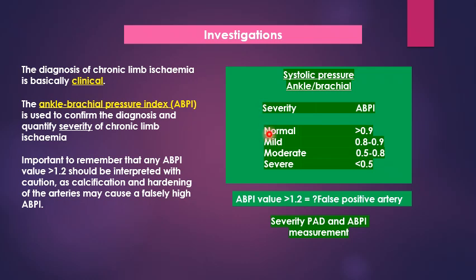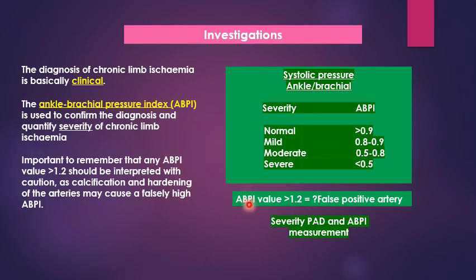Okay, the severity is rated like this. Normal, the ABPI will be 0.9 to 1.1. Mild disease will be 0.8 to 0.9. Moderate is 0.5 to 0.8, and severe disease is less than 0.5.